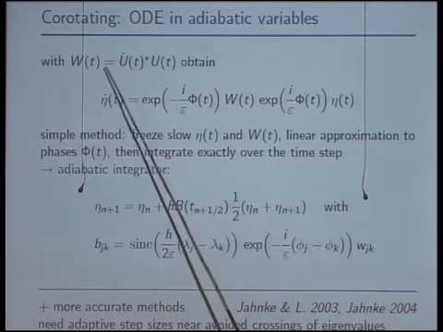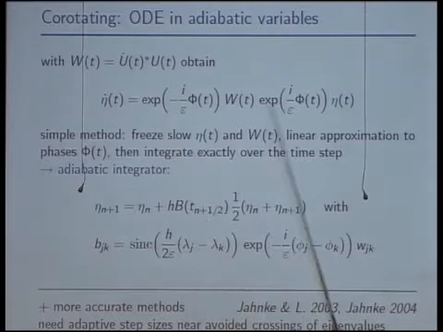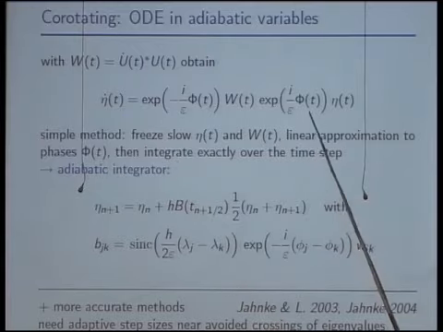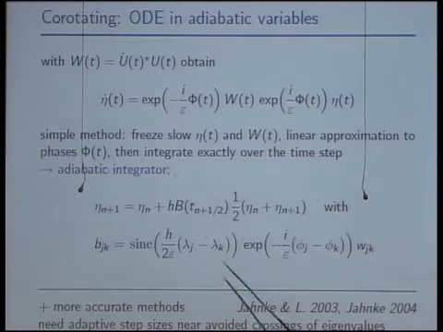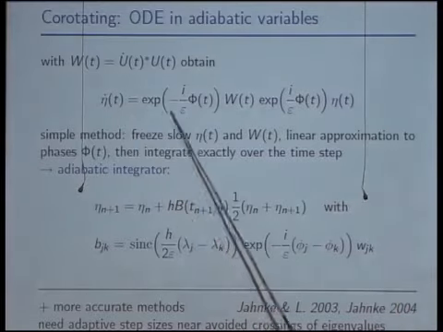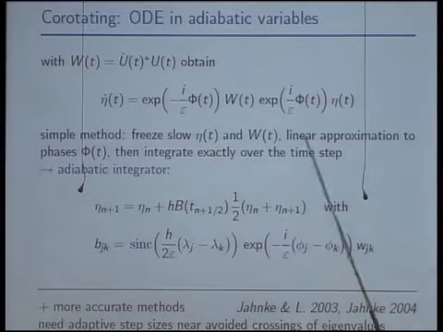So epsilon does no longer appear in the matrix here. So we have a matrix here which is bounded uniformly in epsilon. So we have achieved our goal of a transformation which removes this factor 1 over epsilon here. And therefore, the derivatives of eta are bounded by the norm of W of t.